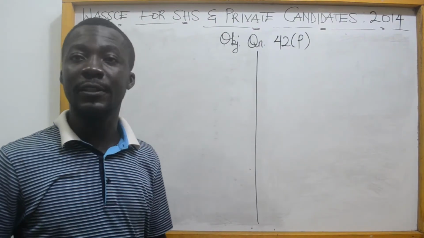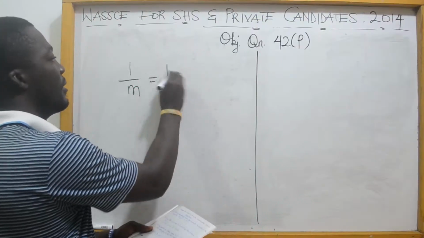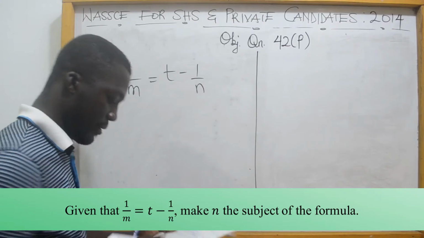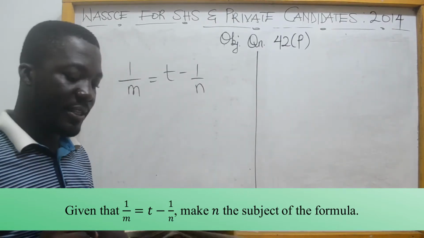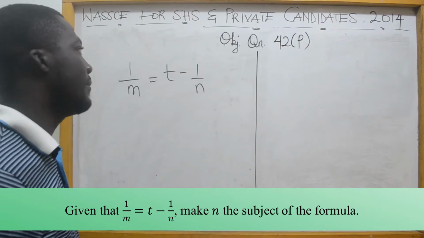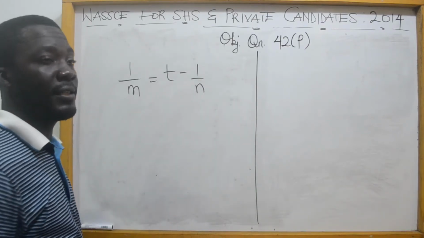Objective question 42p. It says given that 1 over m is equal to t minus 1 over n. Make n the subject of the formula. So it is n, the subject of the formula. t has nothing to do with n, so we have to take t away.